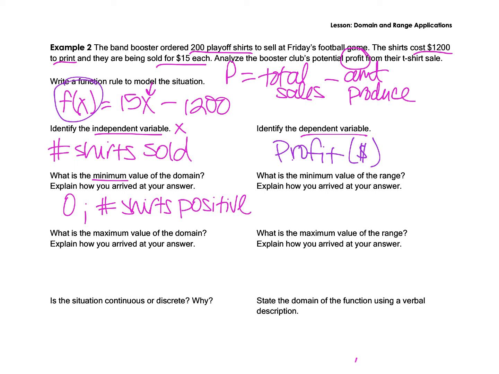And then it says, what is your minimum value of the range? So profit. If we sold 0 shirts, we would be losing $1,200, because that's how much it costs to print them. So negative $1,200. We will have a negative on the range here, because that is the initial cost to print the shirts.